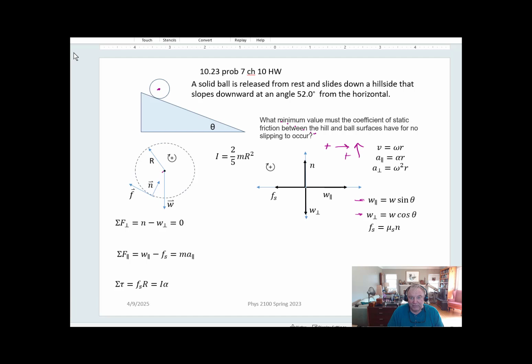And it says here, slipping, with no slipping. We have touched on this. What we did is we talked about it as a rigid body, and about a point on the rigid body.